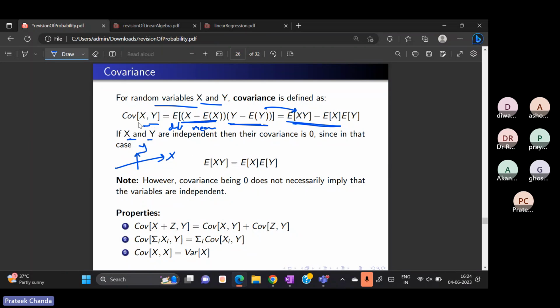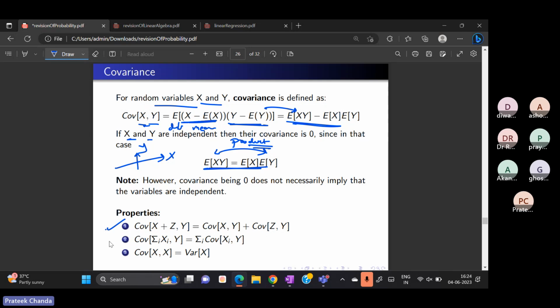So if covariance of x comma y is zero, I can just write it simply as this. Again, if you see here, it is a product of two random variables in the expectation notion. It's a product of the two expectations. Similarly, some properties we have here for covariance, that things like covariance of x plus z comma y is basically covariance of x comma y plus covariance of z comma y.